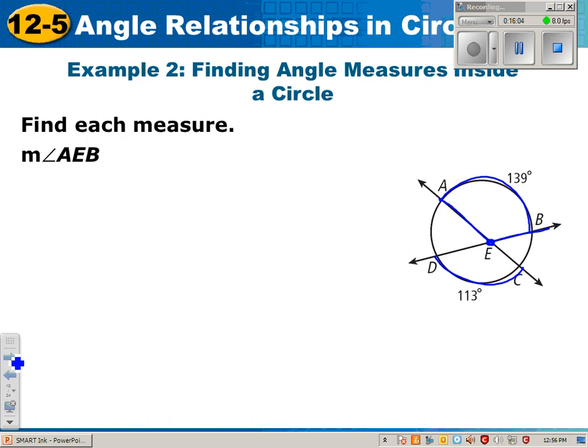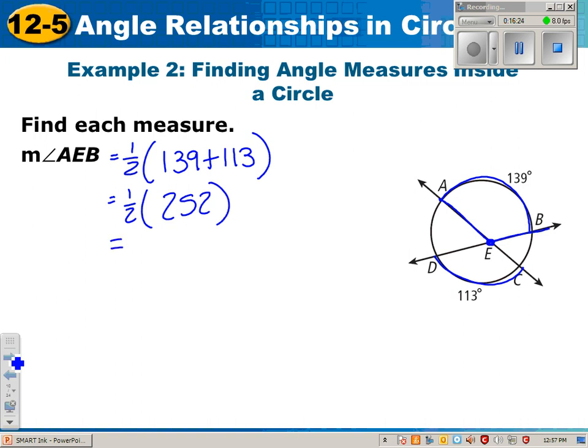I call them vertical arcs. I don't know if that's technically correct terminology, but the vertical angles create arcs, and those are the two you add together. So we're going to add 1/2 of 139 plus 113. Help me out. Is that 250? Thank you. And half of that is? And don't forget your degree symbols. So inside is half the sum. Questions on that one?